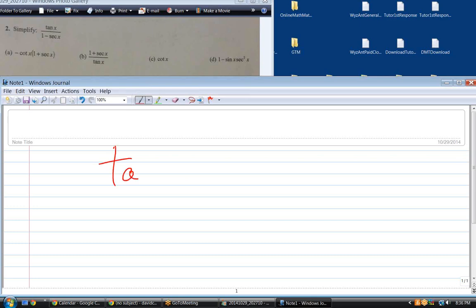Now this one, if I look at all my answers, no sines, cosines, no sines, cosines, there's a sign there, but in general, it doesn't look like I really want to turn this into sines and cosines and go from there.